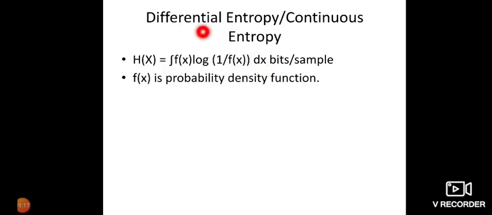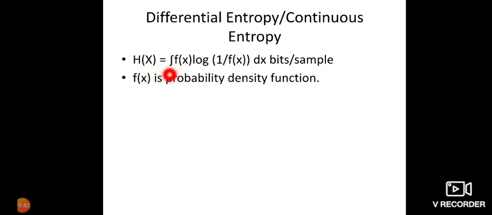Now we will see the differential entropy or continuous entropy. This is very similar to the entropy which we have seen in the discrete sources. What is the entropy expression there? H of s is equal to sigma p of x log base 2 of 1 by p of x. Here h of x, x is the continuous signal.